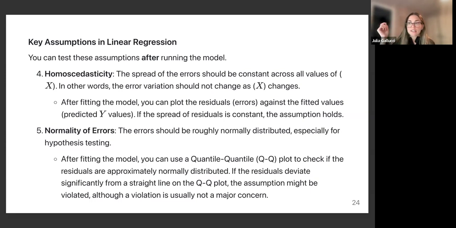If the points deviate significantly from this line, this might indicate that the residuals are not normally distributed. While this assumption is important, we'll see in the plots coming up that there are often small deviations from normality, and these usually aren't a major issue, especially with larger sample sizes. So some deviation is okay, but substantial deviation is when it becomes an issue. Ultimately, testing these assumptions gives you confidence that your regression model is reliable and that your hypothesis tests are valid. These are all assumptions that need to be met in order for your results to be interpretable.